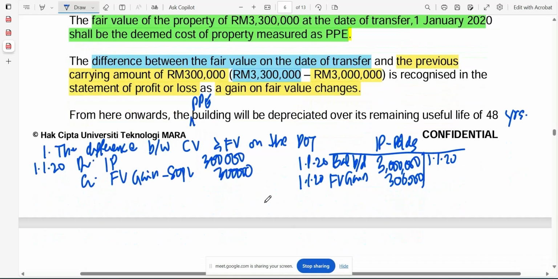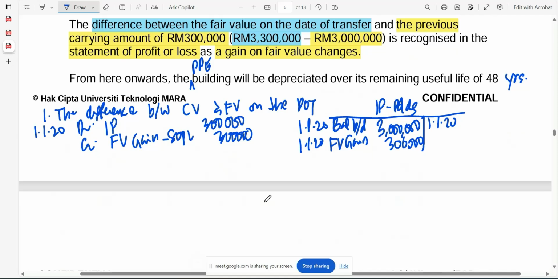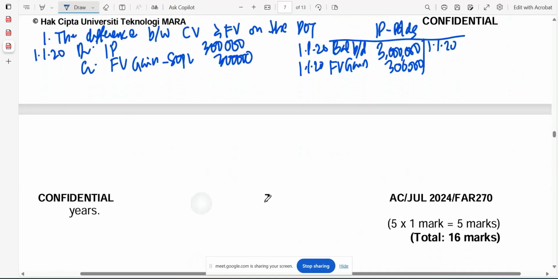So therefore, you need to record another transaction, which is on 1st of January 2020, the reclassification of IP to PPE.